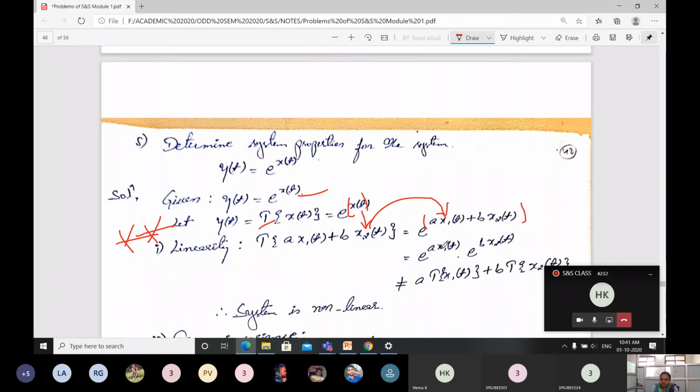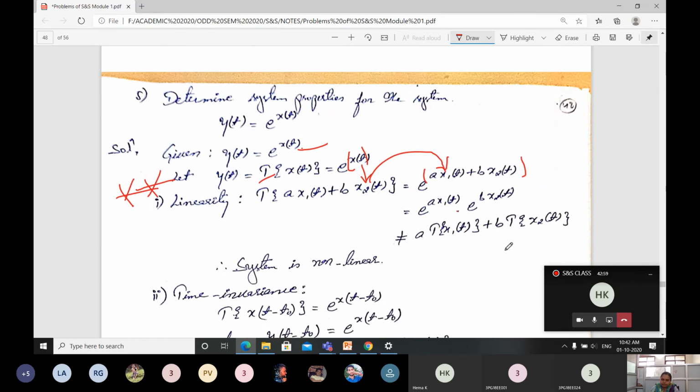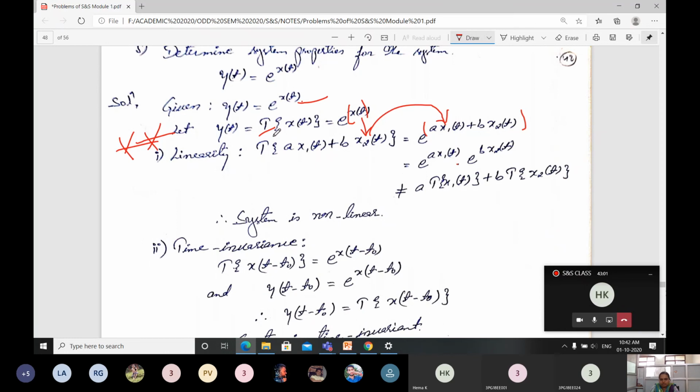E power a x1 of t multiplied with e power b x2 of t. Therefore, we are not going to get the linearity property. So it is not equal to a T of x1 of t plus b T of x2 of t. What can you decide from this? The system is non-linear.